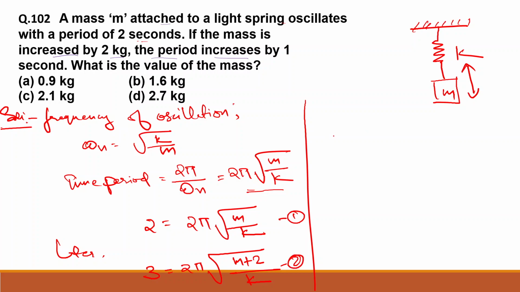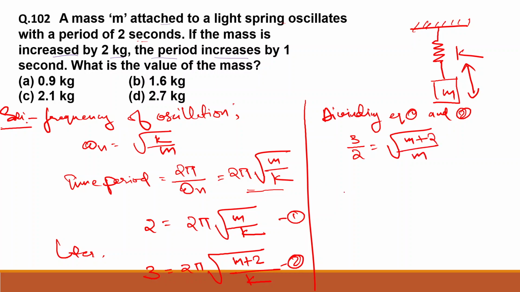Dividing equation 2 by equation 1, we get 3 by 2 is equal to, by canceling out the common terms, root over of m plus 2 upon m. By squaring, I get 9 by 4 is equal to m plus 2 upon m.